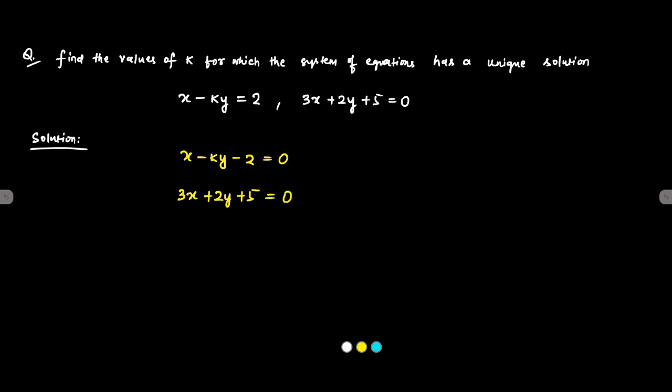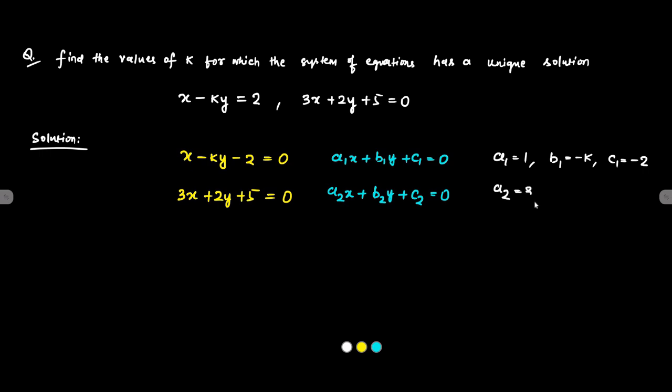If we compare it with the standard form a1x plus b1y plus c1 is equal to 0 and a2x plus b2y plus c2 is equal to 0, then we have a1 is equal to 1, b1 is equal to minus k, c1 is equal to minus 2, a2 is equal to 3, b2 is equal to 2 and c2 is equal to 5.